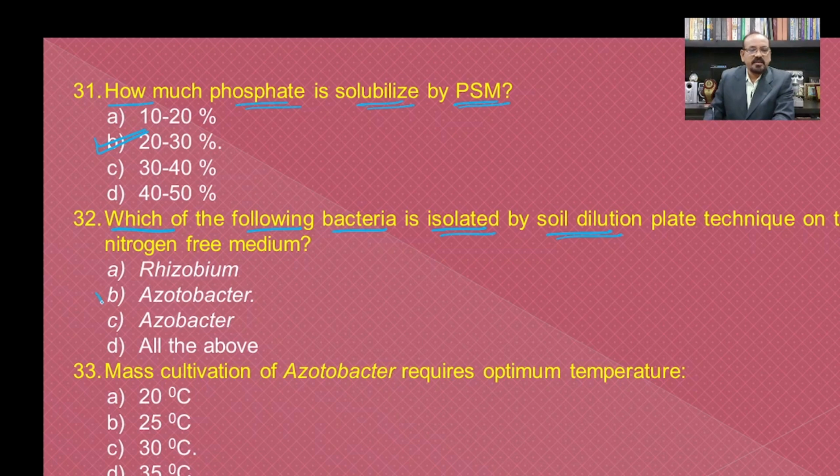So here the Azotobacter is the bacteria which is isolated by the soil dilution plate technique. Then mass cultivation of Azotobacter requires an optimum temperature. For the cultivation of the Azotobacter, there is a need to maintain 30 degrees Celsius temperature.